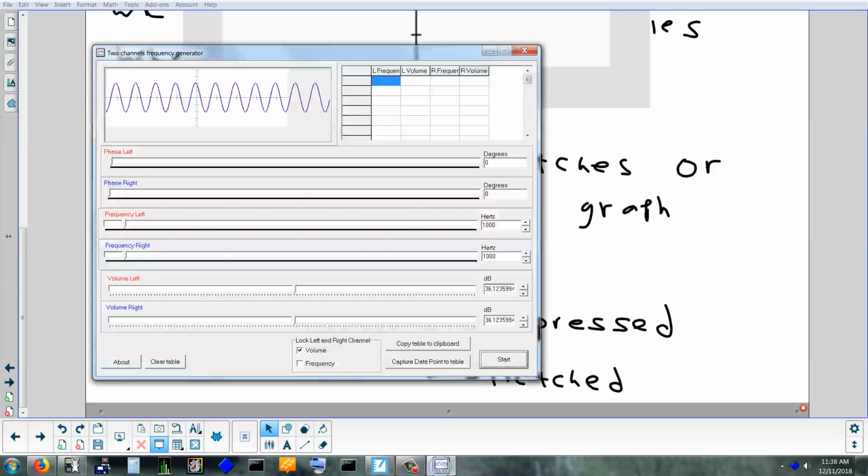So if we play something at like 1,000 hertz, okay, we hear that, versus if I play something at like 8,000 hertz, you can see it's compressed so much you can't even really draw it. There's just not enough room on the screen. But it's very compressed. Yeah, let's just go right to 10,000.